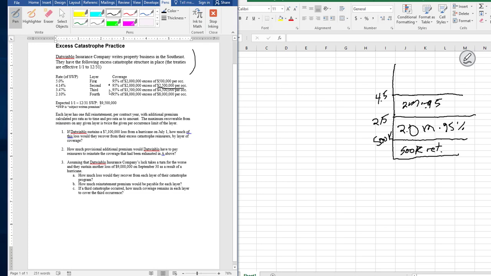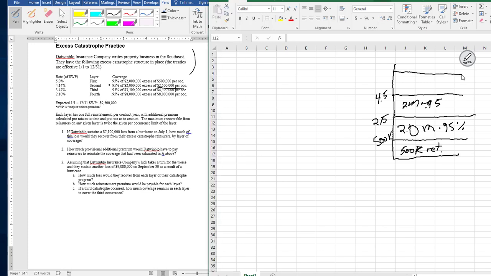The third layer, 95% of 3.5 million. This isn't exactly going to be to scale, times 95% or 0.95, which will take us up to 8 million. And then the last layer, which is not at all to scale, we ran out of room, but is 8 million, again, times 95%, which would take us up to 16 million.